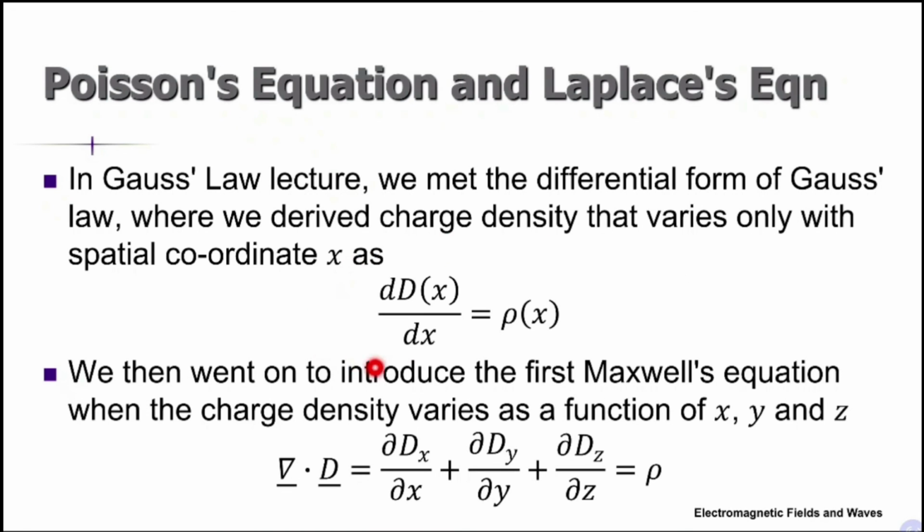We write in one dimension, D differentiated, the electric flux density with respect to x, will be equal to the charge density in the x direction. Then we expand that into three dimensions, and that leads to our first Maxwell equation, which is the divergence of the electric flux density equals the charge density.